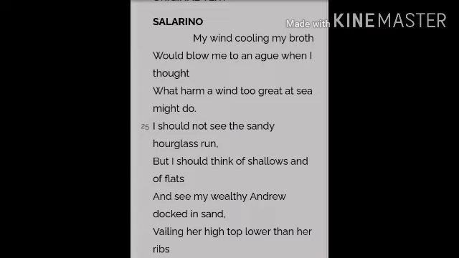Here is how Salarino supports him by saying that my wind cooling my broth would blow me to an ache when I thought what harm a wind too great at sea might do. So he is telling, even my condition would be the same. If I have an argosy in the sea, whatever action I do from home, all these actions would remind me of the rich argosies in the sea.